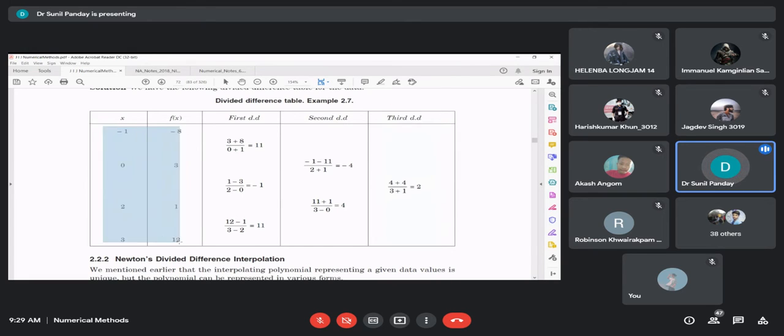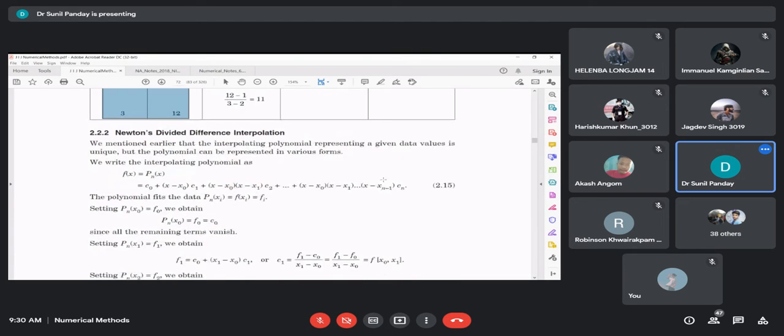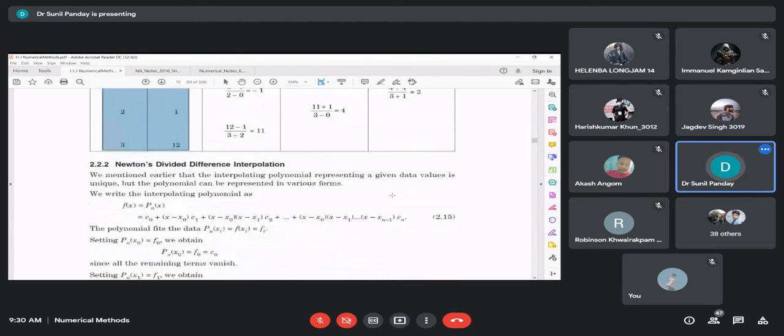So if you have n plus 1 data points, your nth divided difference may or may not be 0, but the n plus 1th and higher order divided differences are always 0. This theorem we will prove.